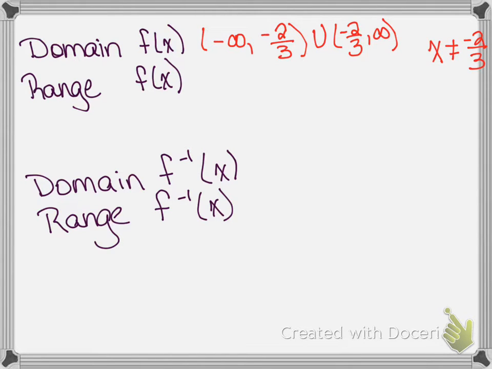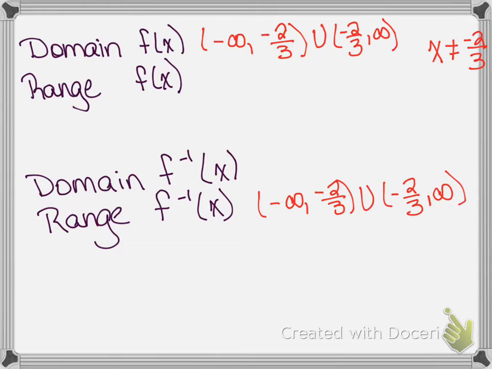Now, that's my original function. So where do I put that on my inverse? Range. Good. So I have negative infinity to negative 2/3, union negative 2/3 to infinity.